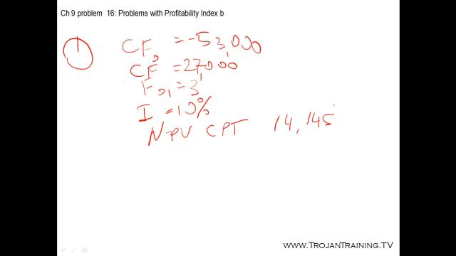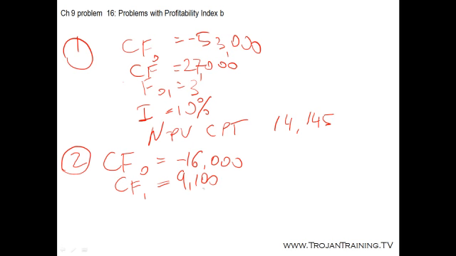Now for project 2, the second project, CF0 is minus 16,000. CF1 is 9,100. F01 is 3. Enter, I is 10%.